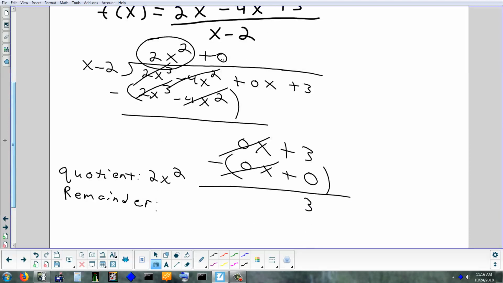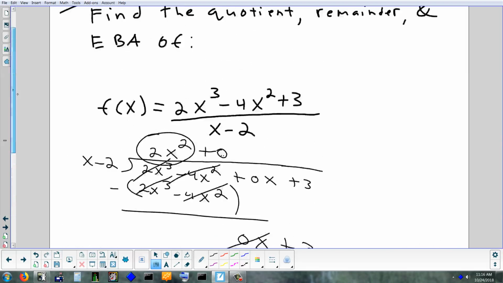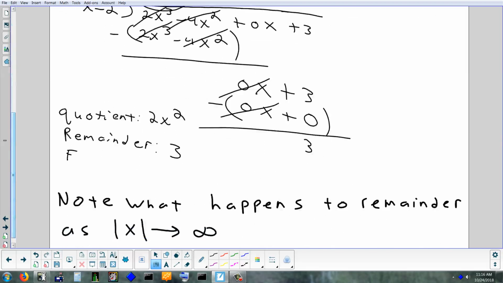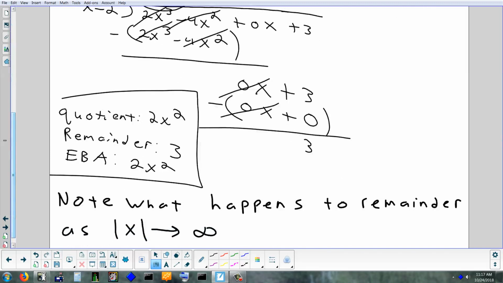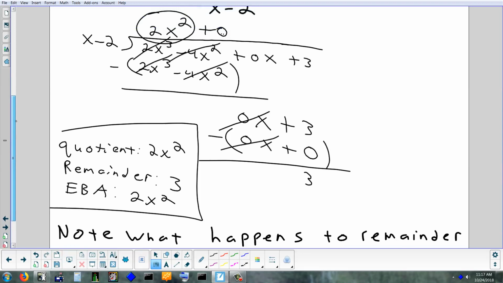That's what we need to do our graph. Chris, what's my remainder? 3. So I got a remainder of 3. We're not going to use it for anything other than what I just wrote right there. And now the end behavior asymptote. Kathleen, what's my end behavior asymptote? 2x squared. Yeah, it's the same as the quotient. Right, so that's everything they wanted to know. Any questions on that?